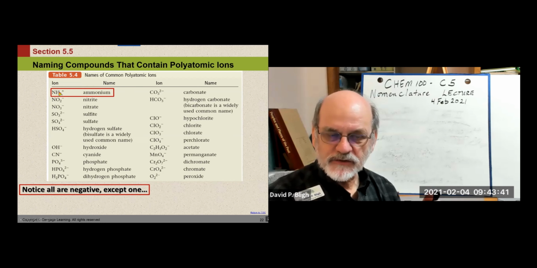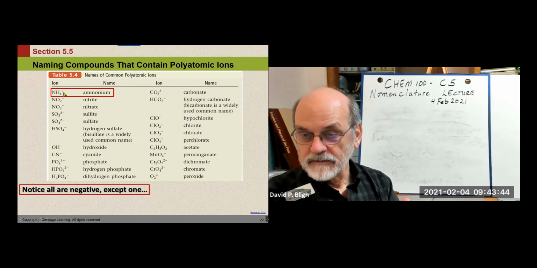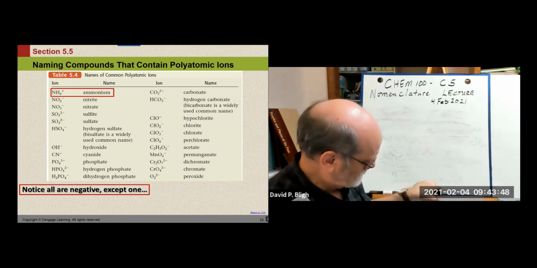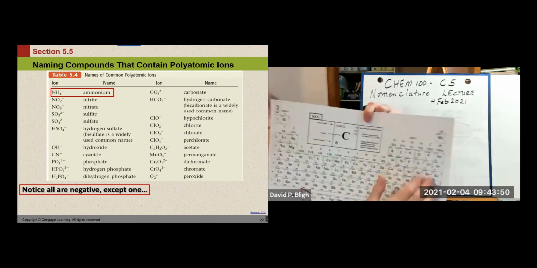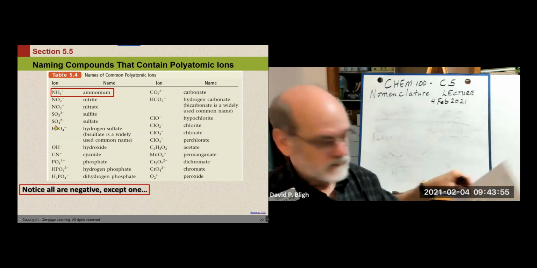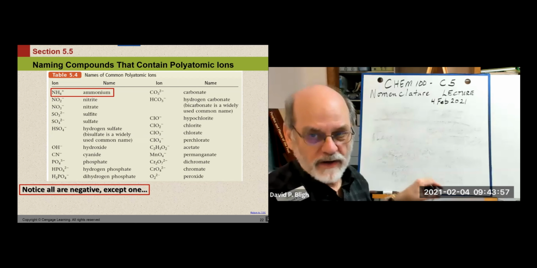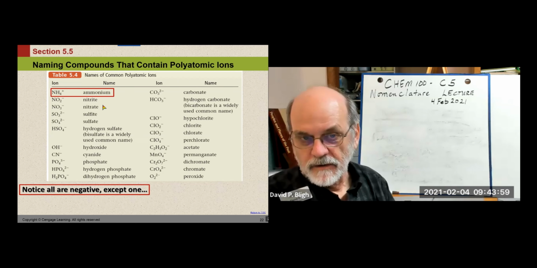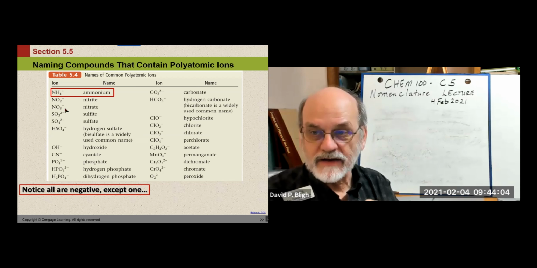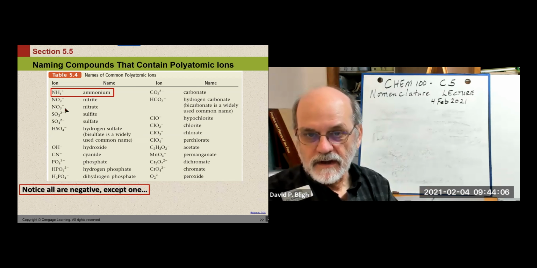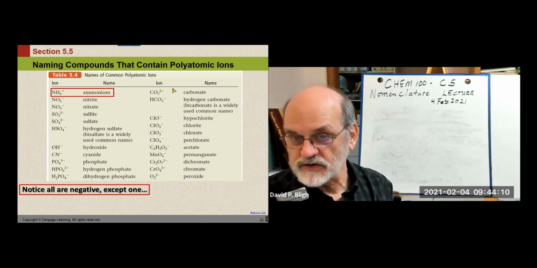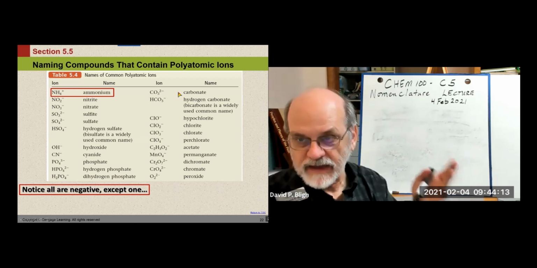And if you combine this with any anion, the anions could be derived from elements, right? Could be from over here somewhere, or it could be one of these other polyatomics. And they are always fixed charge. If we say nitrate, we mean NO3-, nothing else. If we say carbonate, we mean CO3 with a 2- charge. That's it. Nothing else can be that name.